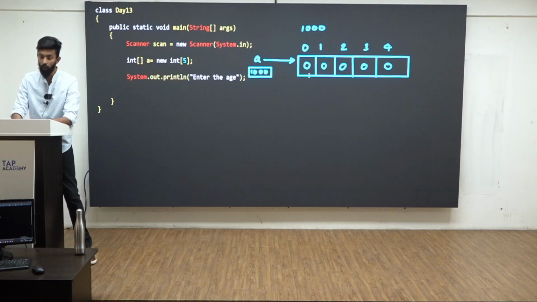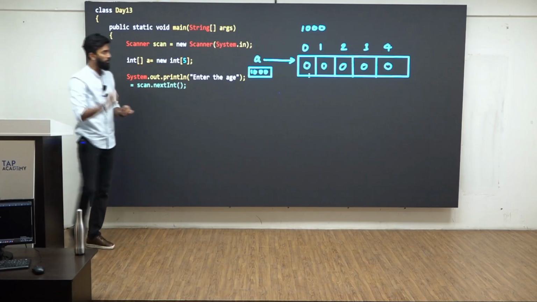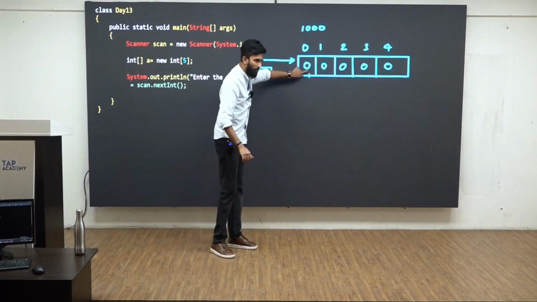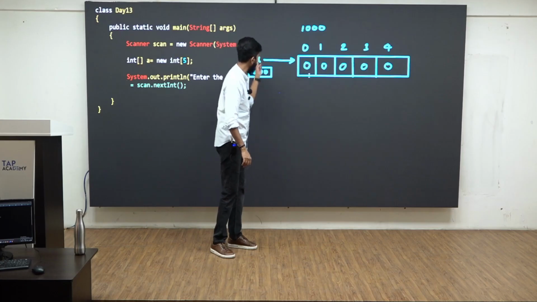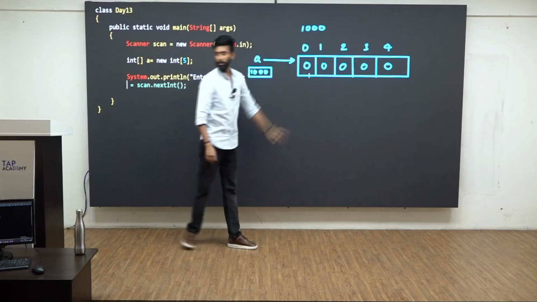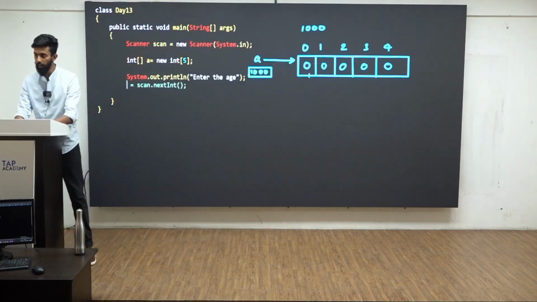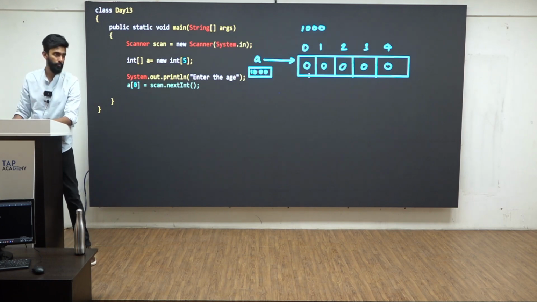Whatever is entered, I want to scan it. How to scan it? Scan.nextInt, because ages are integers. Now whatever is scanned, I want to assign it. Assign it where, sir? Here, meaning A of 0. Correct or not? So I will tell it, please assign it to A of 0.